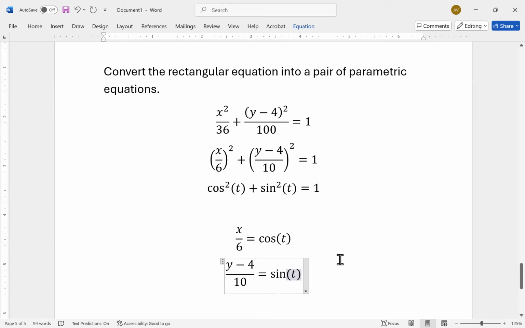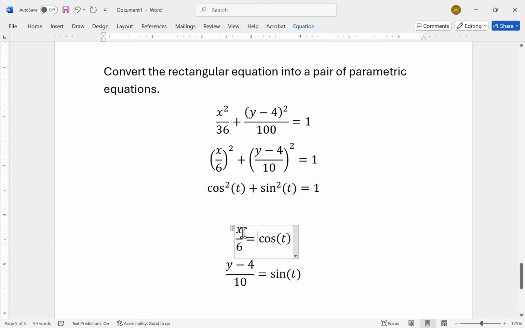But notice this would have also worked if you put a negative in front of your sine. And this would have also worked if we would have put a negative in front of the cosine. And this would have also worked if I would have swapped sine and cosine. Since cosine squared plus sine squared equals 1, it also is true that sine squared plus cosine squared equals 1.